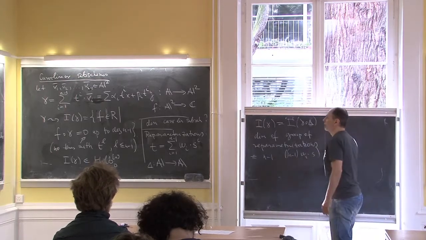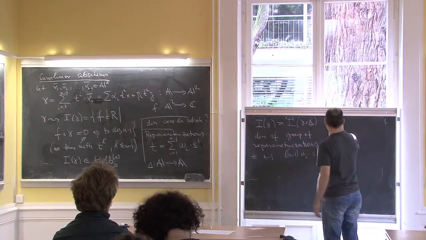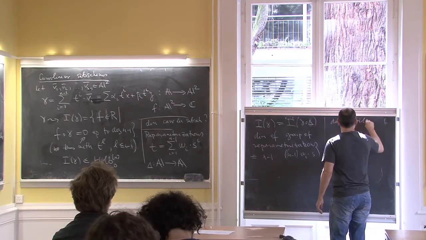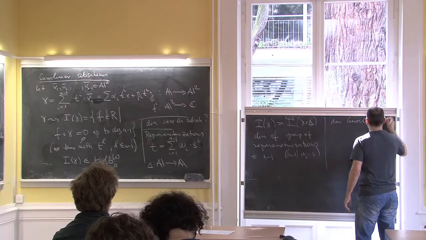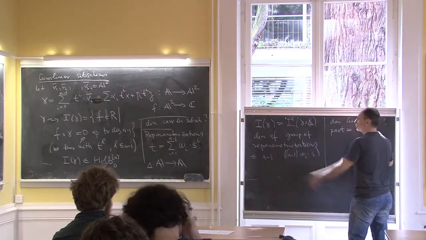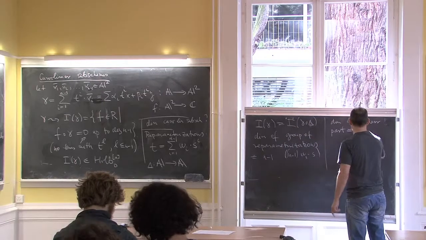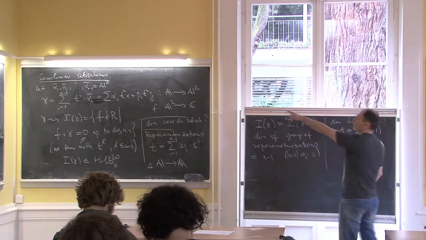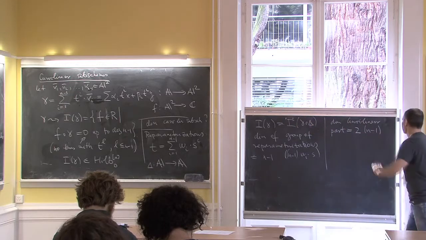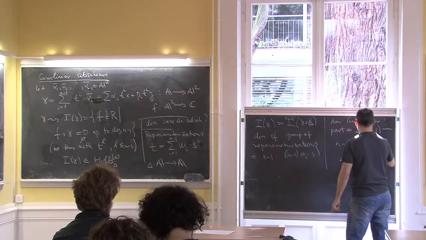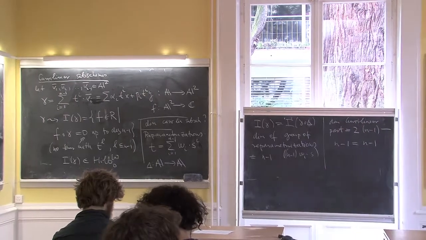The count of the curvilinear part is equal to twice n minus 1. This is the 2n minus 1 two-component vectors minus this n minus 1, the redundancy, and this is equal to n minus 1. Okay?